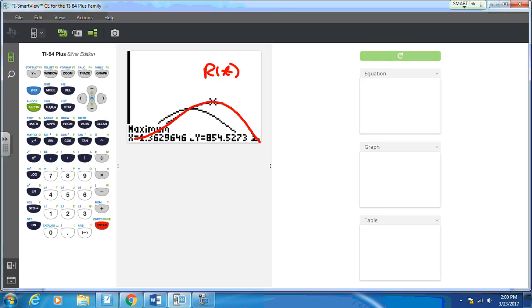Well, I still have to say that r prime of t is equal to 0 there, and I still have to make an argument either from critical points and endpoints or from the sign of r prime. But based on this calculator graph, it's really easy to see where r prime of t is equal to 0. That will be at a horizontal tangent, which is right here at this maximum. And it is also easy to see the sign of r prime from the graph. r prime is going to be positive when r is increasing, and r prime is going to be negative when r is decreasing, just like that.